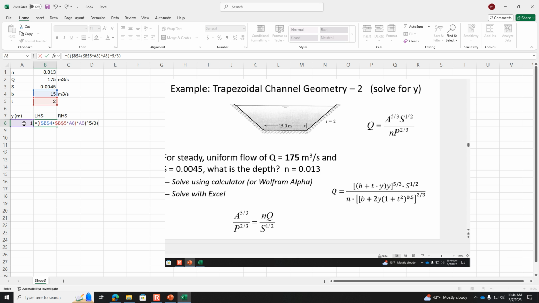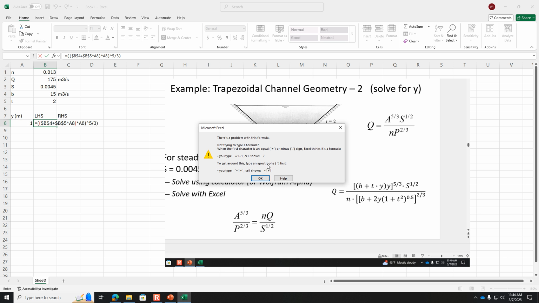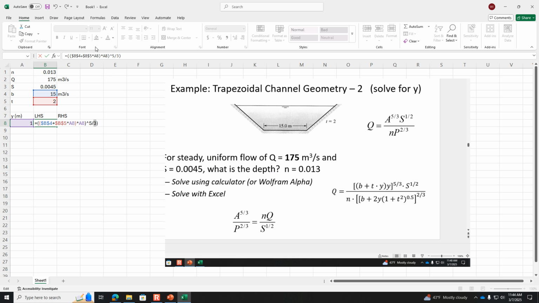Okay, to the 5/3 power, and now I'm going to divide that in the denominator. Now I'm going to write the formula for the wetted perimeter.